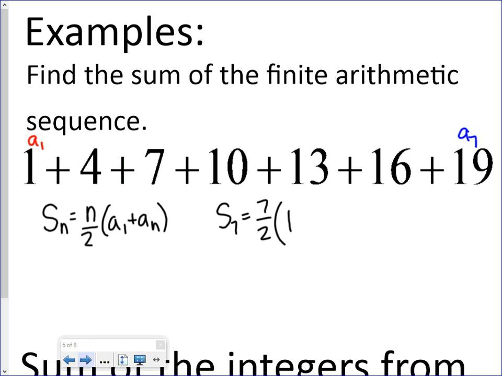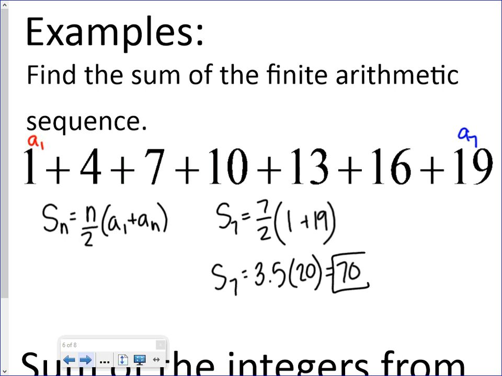A sub 7 is 19, so I want to add 19 right there. The first term and the last term for the terms that you want to add together. S sub 7 equals 3.5 times 20. And multiply that out, you'll get 70 for the sum.